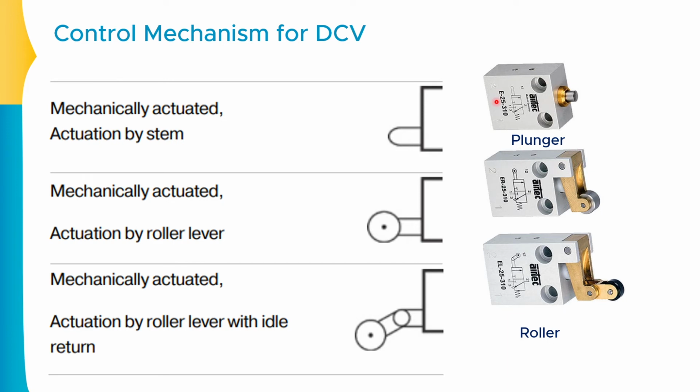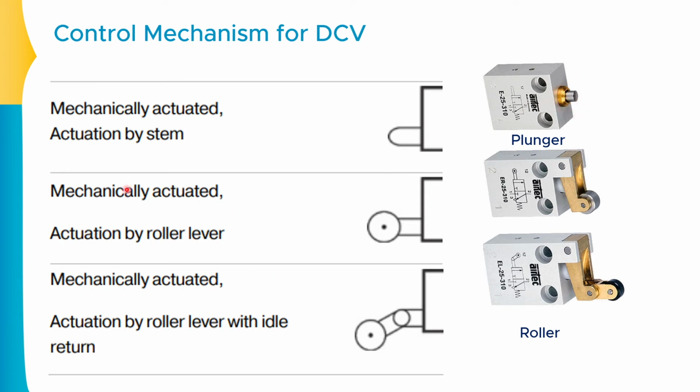This specific symbol represents the plunger which is available over here. Understood? So this is how the plunger looks like. If you press this specific plunger, or say this specific button, the valve will get actuated in the second position, and once you remove the pressure, it will come back to the normal position.